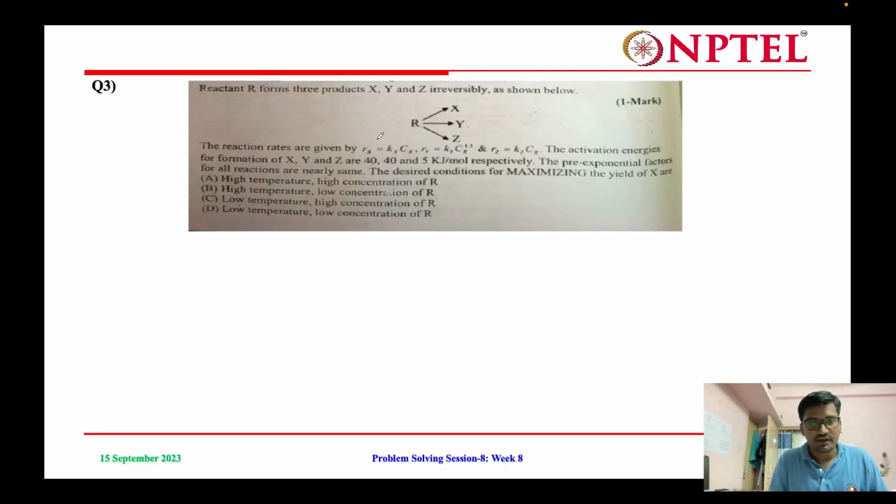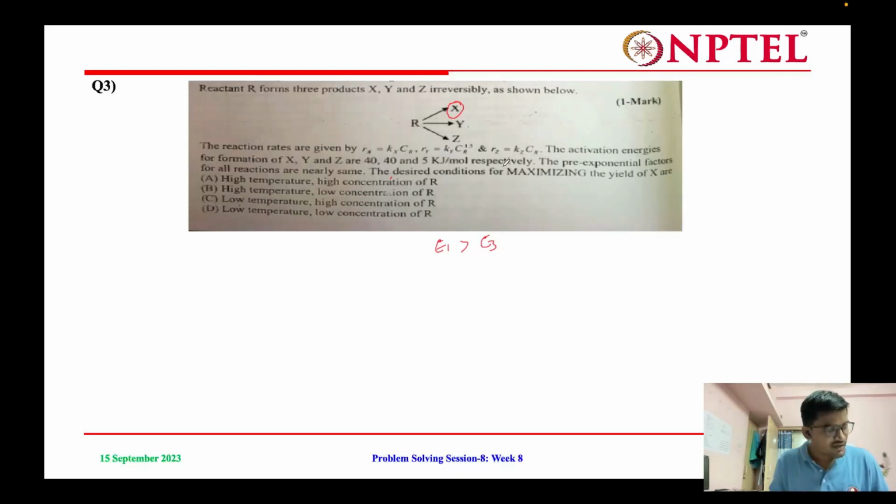So here E1 is greater than E2, which is greater than E3, right? The first, second, and third. X is the desired product, so we go for the high temperature operation. This follows the rule that high temperature favors the reaction with a larger activation energy. Right.